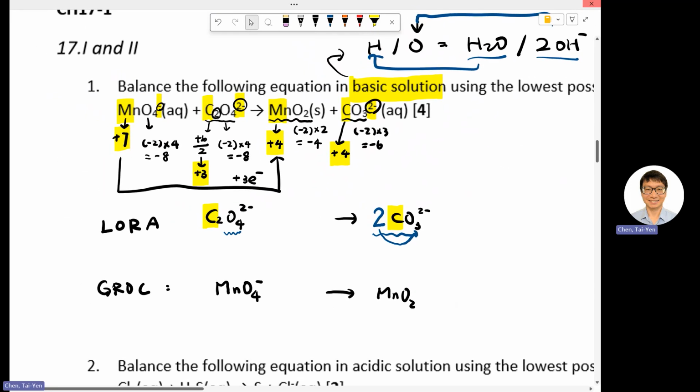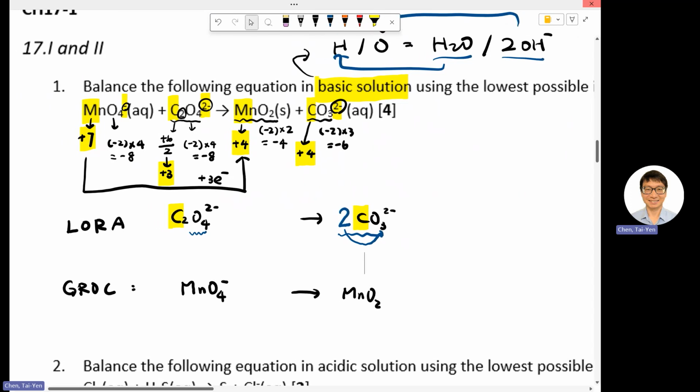Okay, so since you have 2 more oxygen on the product side, that means we need to add oxygen on your reactant side. In order to compensate, you can add in 2 equivalents of OH minus to do that.